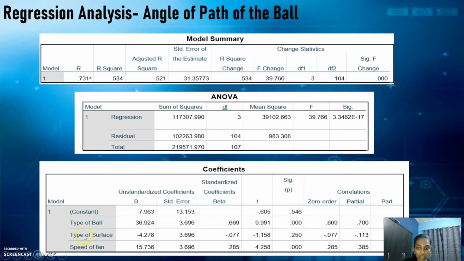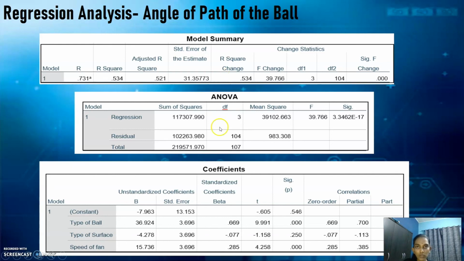The second one, type of surface, gives about 0.25. 0.25 is higher than 0.05, which explains the type of surface is not a significant independent variable. And the last one is the speed of the fan. The speed of the fan has a p-value of 0.00, which is less than 0.05, so the speed of the fan is also a significant independent variable.